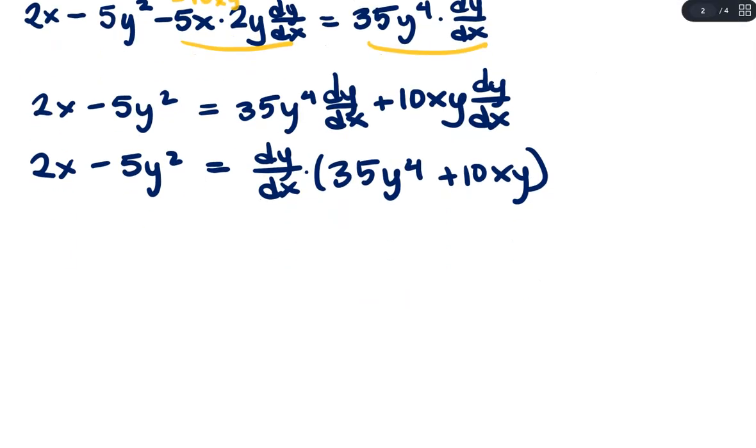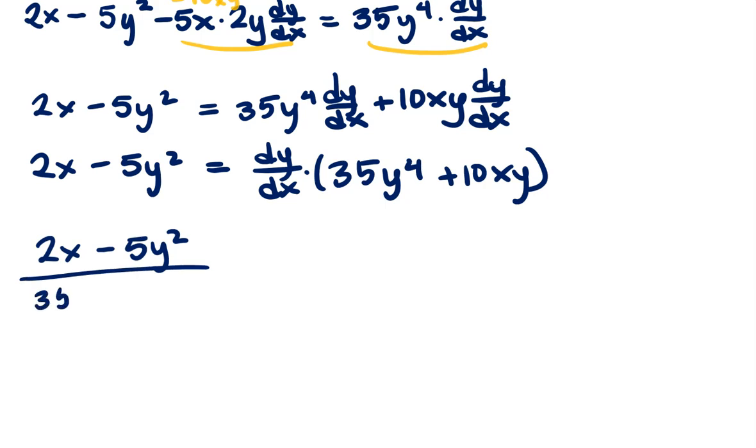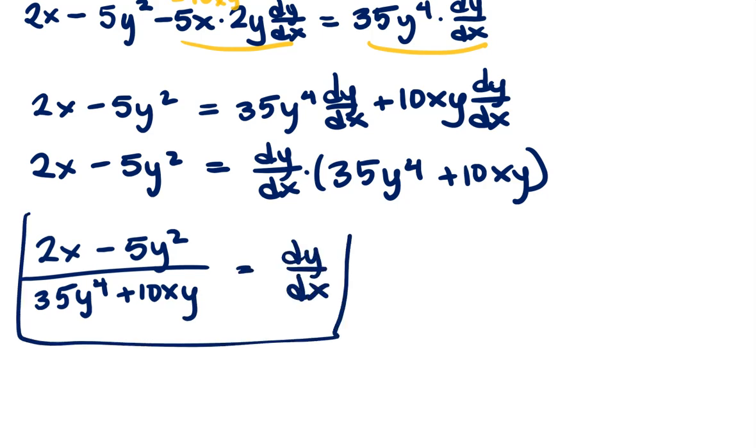All right, last step on finding derivatives. I have a single dy/dx, but it's multiplied by a whole mess. So if I want to solve for dy/dx, I need to divide by that whole mess. All right, so this is my derivative, and that's a perfectly good answer.